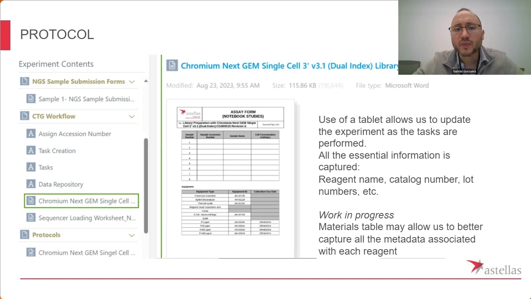We go into the form assay, and we can update the lot numbers that we're using for all the reagents. We can put the sample names, catalog numbers, and everything that we are doing for each experiment will be annotated in this document, and it can be updated live. And the requester can also see these annotations or changes live as well.